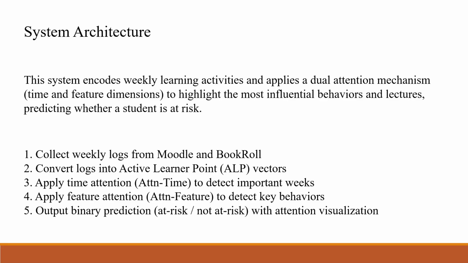The system applies time-based attention to highlight important weeks, and feature-based attention to focus on the most influential learning actions. By combining these attention weights, the model produces a binary prediction, whether a student is at risk or not at risk. It also provides visualizations to help instructors understand which actions contributed most to the result.